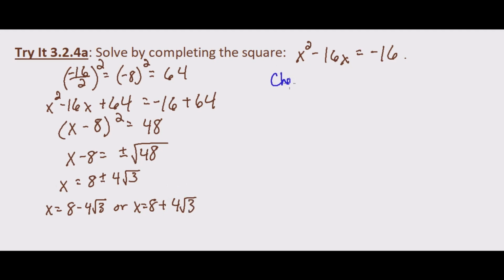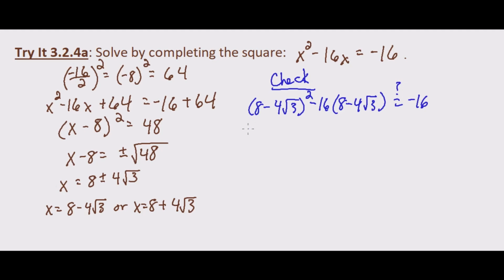As always, we will check our solutions by substituting into the original. We have 8 minus 4 times the square root of 3 squared minus 16 times 8 minus 4 times the square root of 3. We want to know, does that equal negative 16?